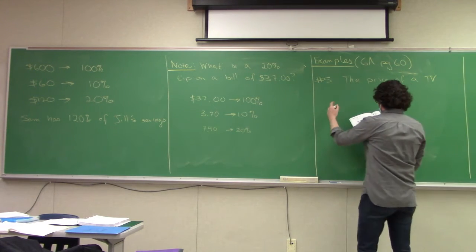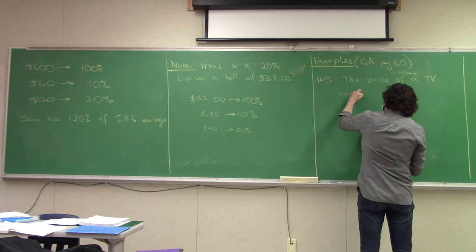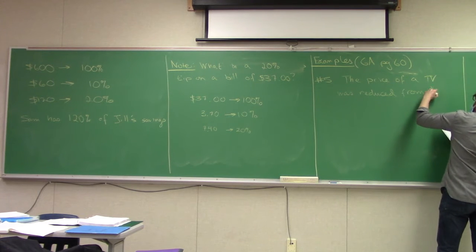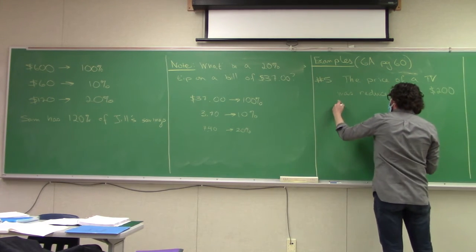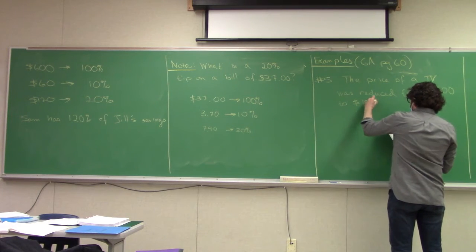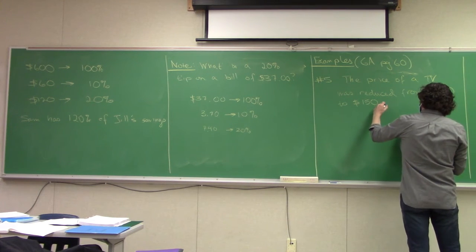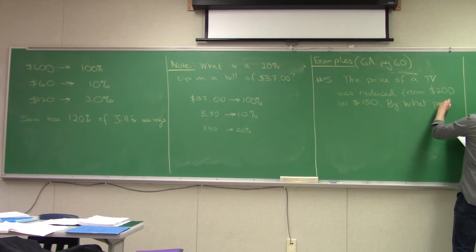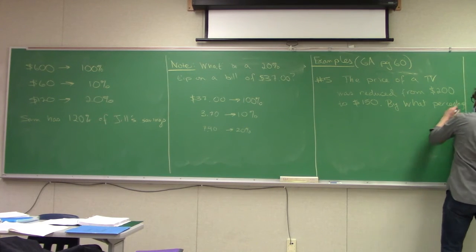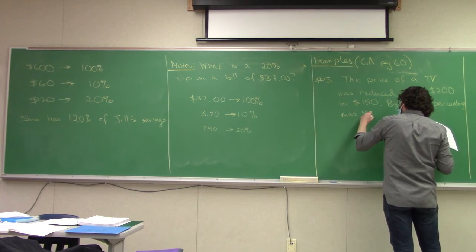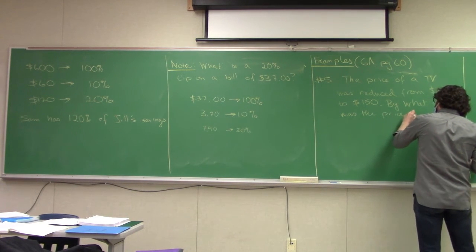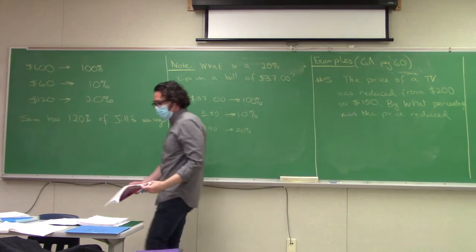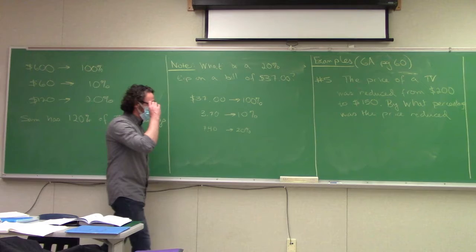The price of a TV was reduced from $200 to $150. By what percentage was the price reduced?